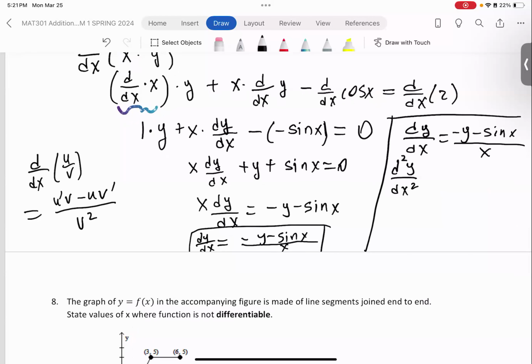All right, so immediately we square the denominator. Now we need to differentiate the numerator, keeping the denominator here. So we need to take the derivative of this, correct? And to differentiate this, there's a little bit of work involved.